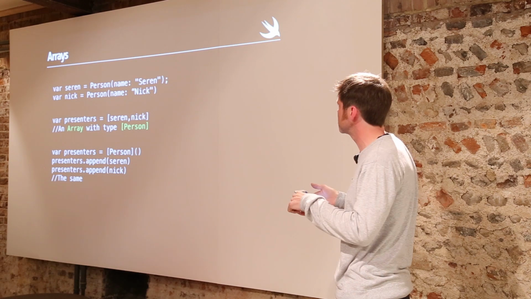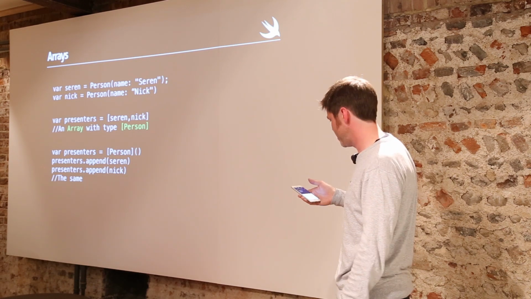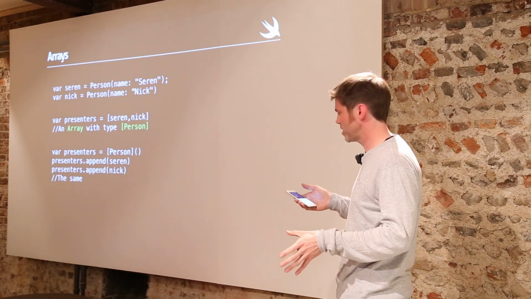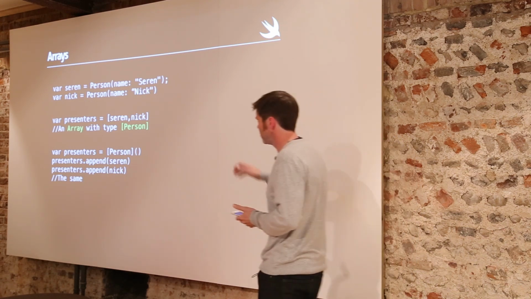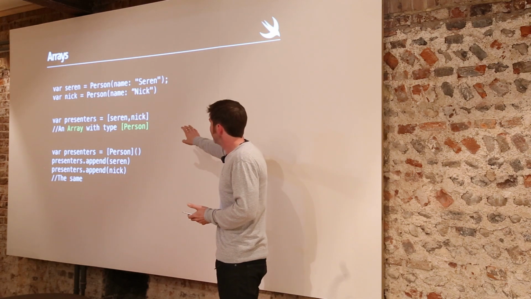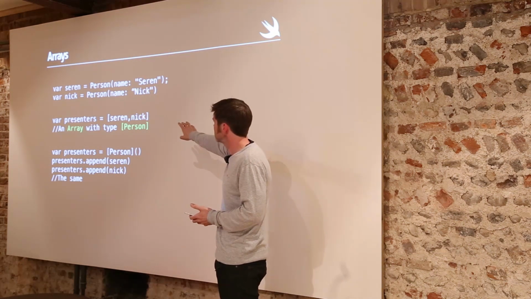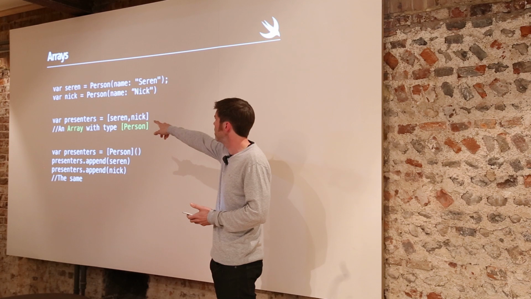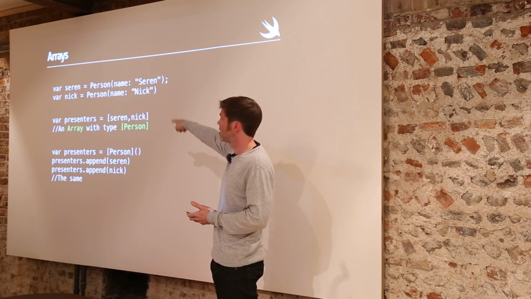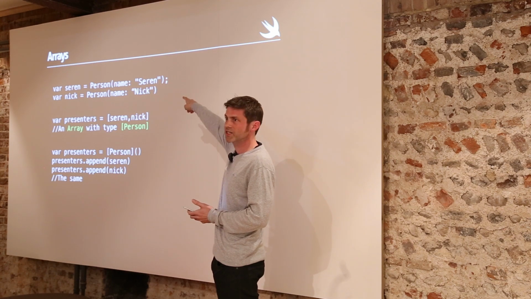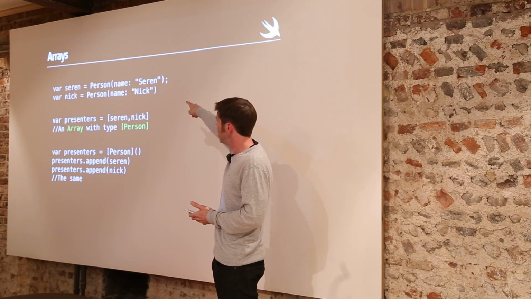Okay, so I touched on this earlier, but arrays in Swift, unlike Objective-C, are typed arrays. So we can only, in this example, create a mutable array called presenters and pass it instances of the person class.